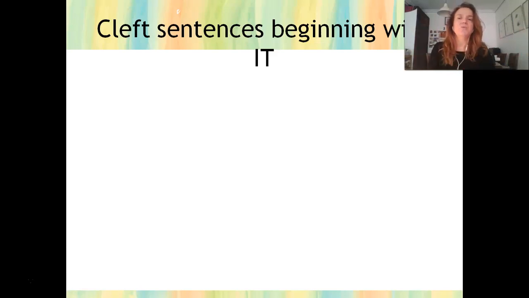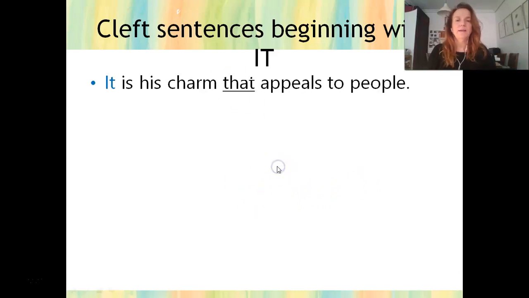Now we are going to move on to the second type I mentioned at the start, which is the cleft sentences beginning with it. Okay, so it is his charm that appeals to people. Here we have it at the beginning of the sentence, and we have a relative clause in the second part of the sentence.